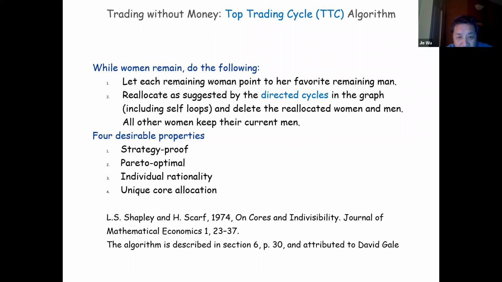Another one is called Pareto optimal. Pareto is named after a famous economist, also a mathematician. So what does optimal mean? Optimality is not unique anymore, as we see in the example, right? Lots of girls may prefer a particular guy, but eventually only one girl will match to that guy.